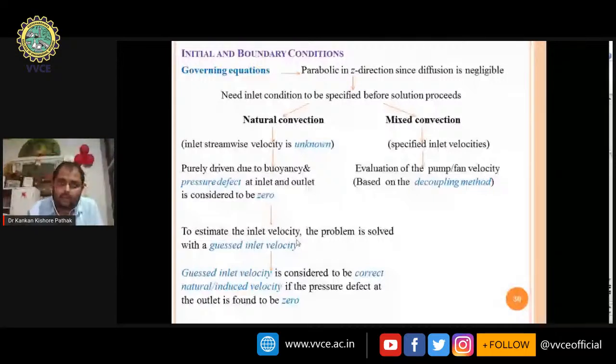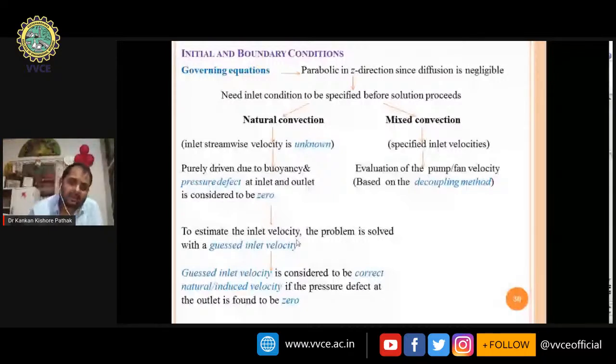Whenever the pressure drop is 0 for a certain inlet velocity, we consider it the correct naturally induced velocity. Many trials have been considered.